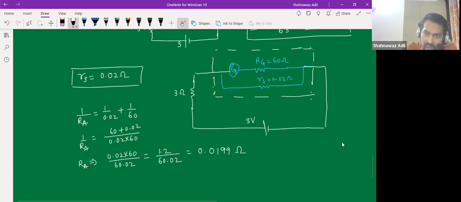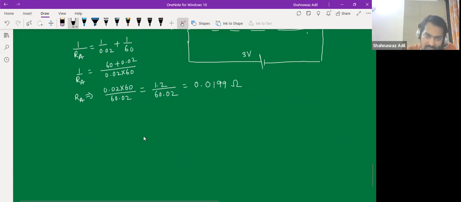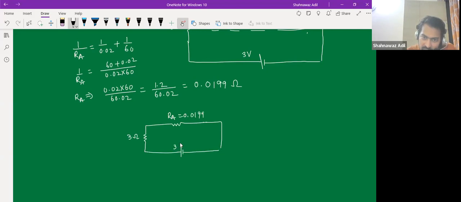Now, what is the overall resistance that I have? This is 3 ohm, and then this is RA, which is 0.0199 ohm, and then I have this 3 volt voltage. So what would be the current that I will get?